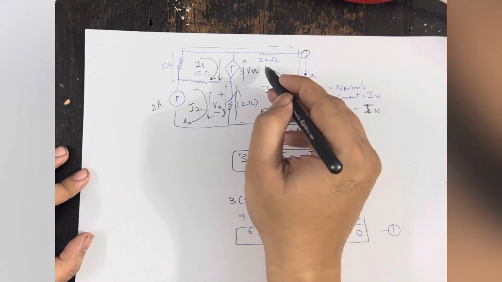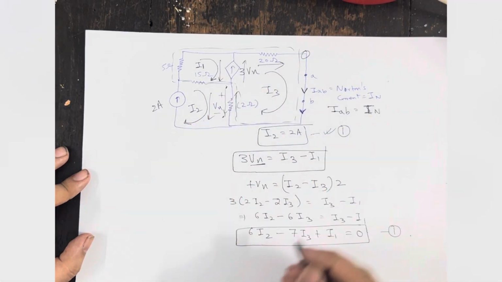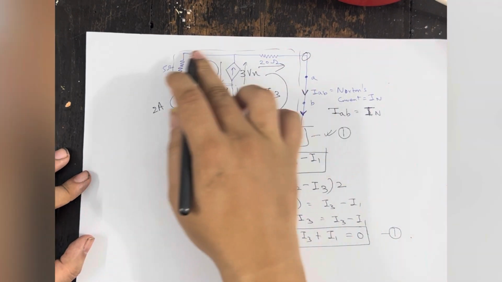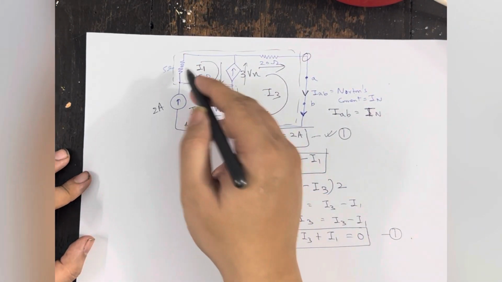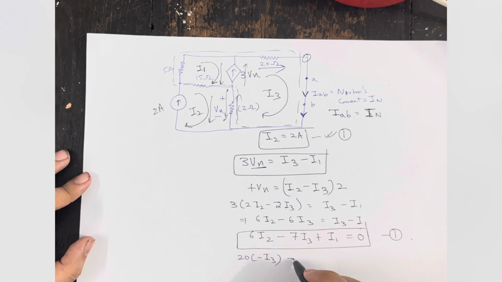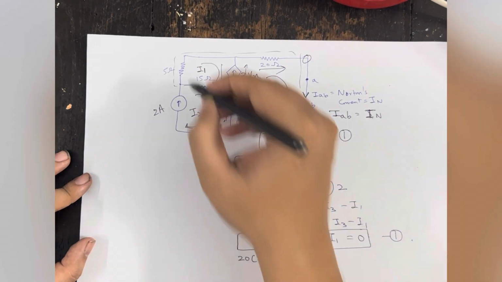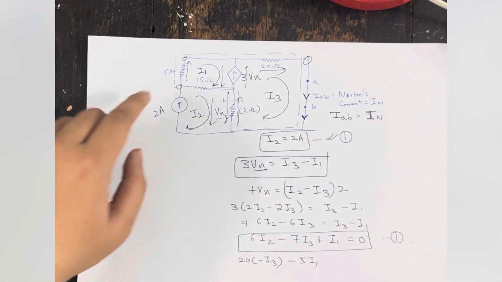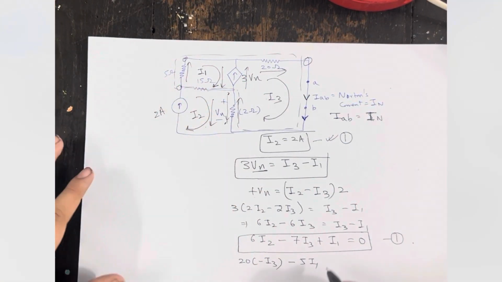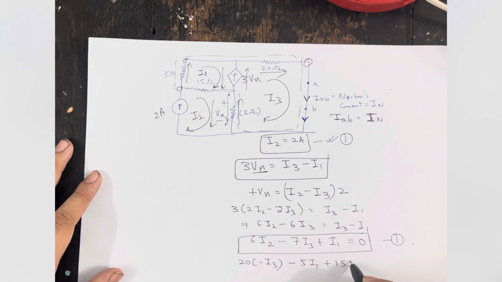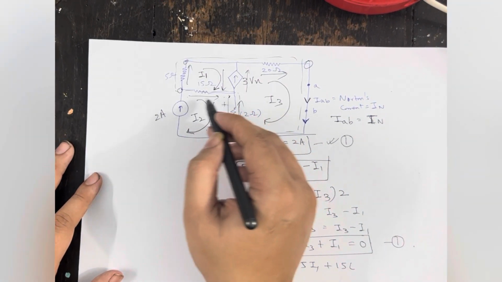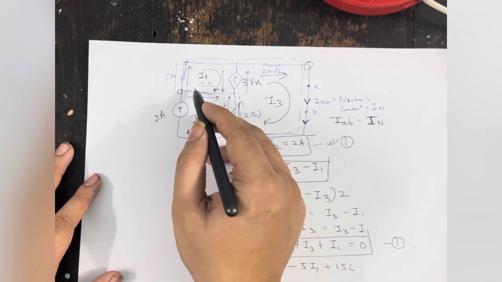I3 is flowing this side, I am going the opposite side, so 20 into minus I3. In this area, it will be minus 5 I1, because I am coming from this point to this point and I1 is flowing in the upward direction. Then plus 15 into I2 minus I1, since I2 is flowing this side and I1 the opposite side.